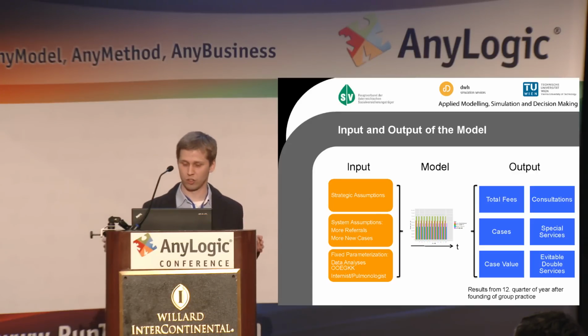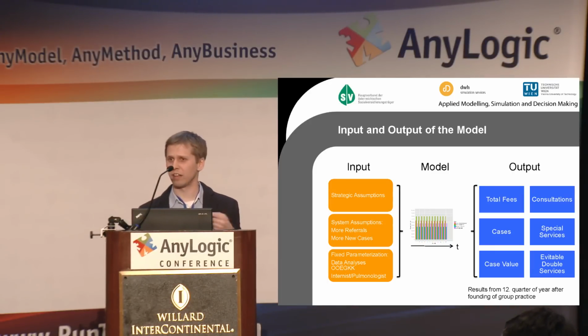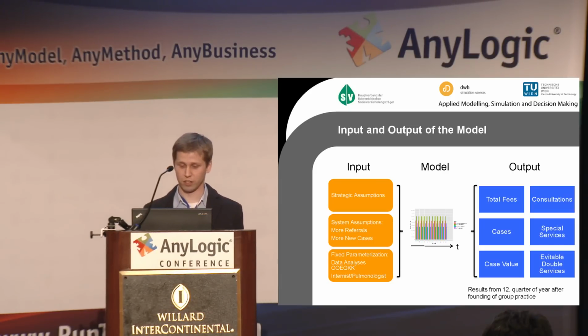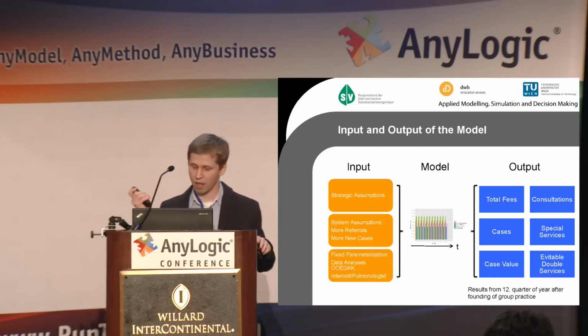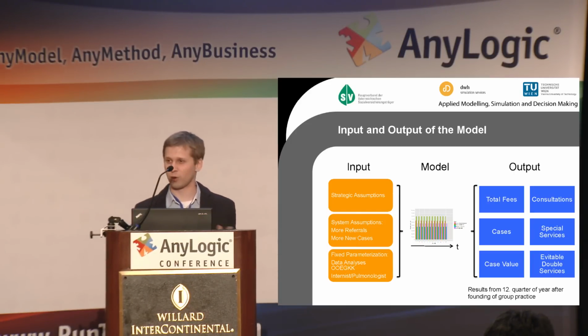how many consultations over time. And for the input, in this case, we made it different. We did not gather the data ourselves, but we gave the parameters that the model would need to the social insurance, and they would make the data analysis themselves and would send us a file with all the parameters. These are here at the bottom, and then we try to separate the different assumptions in the model.